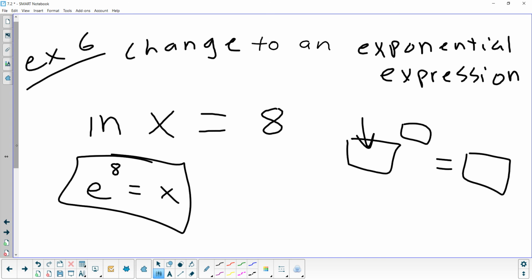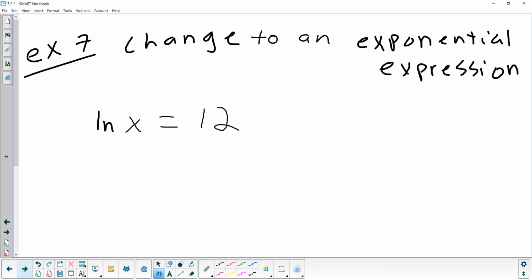Okay, questions on that one? All right, so kind of the same, just a different number. It says natural log of x equals 12. When I pronounce that, a lot of times I'll just read it as ln x. If you want to read it formally, it would be the natural log of x equals 12. Anyone think they could tell me how to rewrite that in exponential form?